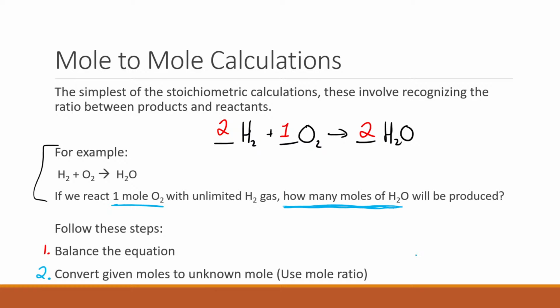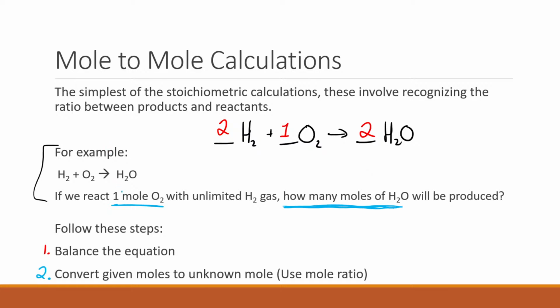What we're going to do with the mole ratio is set up fractions, or proportions. And the nice thing is, if you look carefully, our numerators are already set up: 2 over something, 1 over something, 2 over something. We need to fill in the denominator.